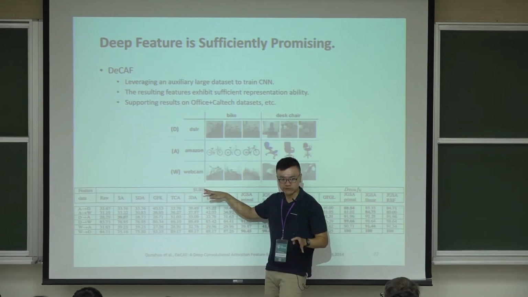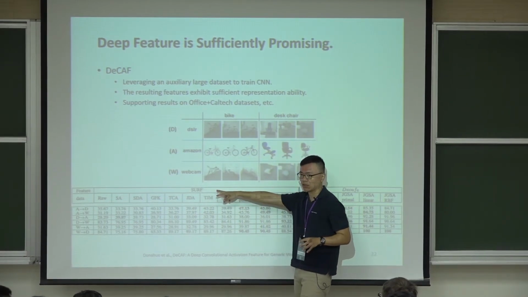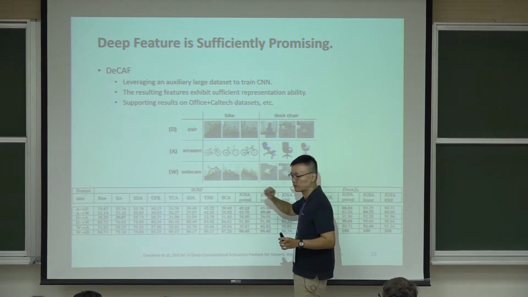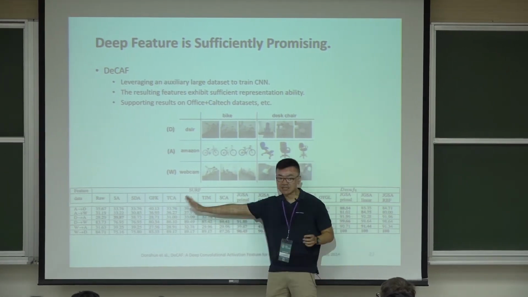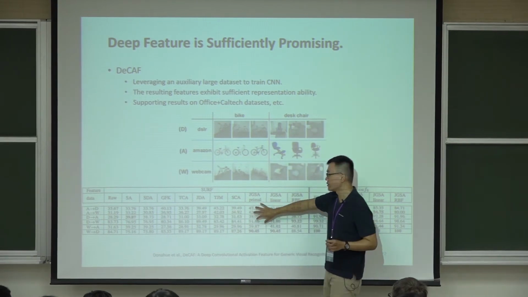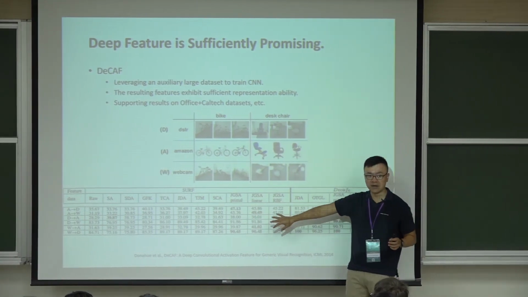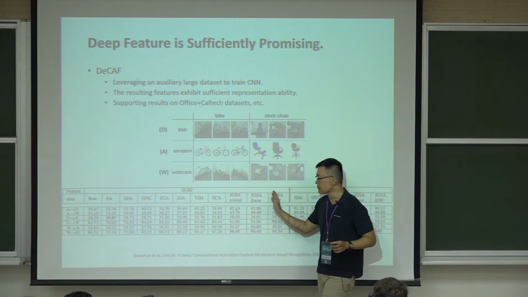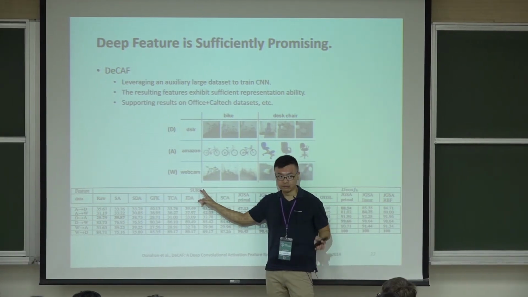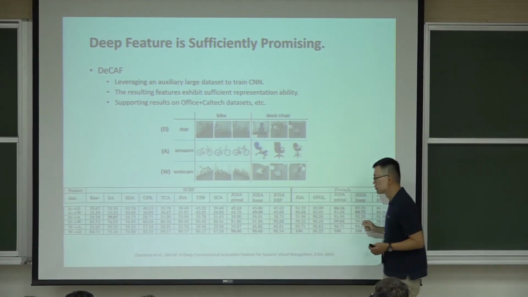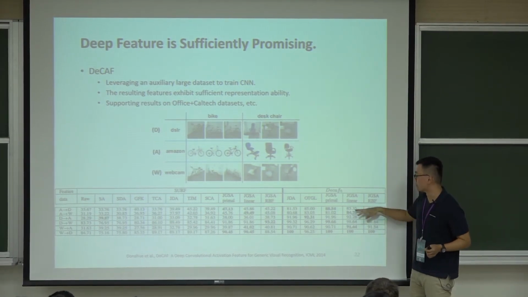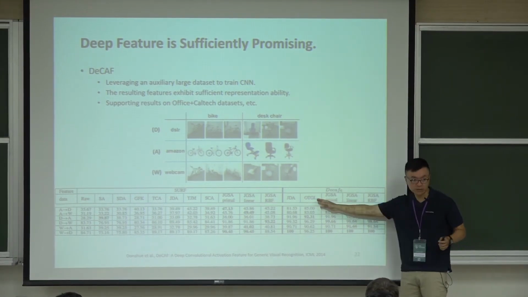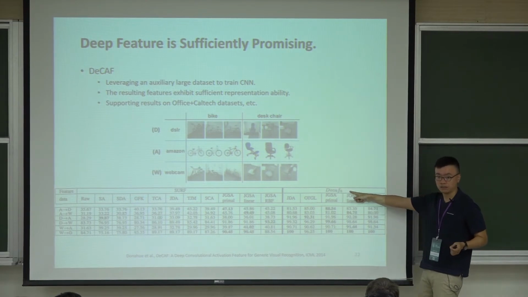It's kind of bag-of-words features if you are familiar with SIFT, SURF, those kind of image descriptors. But anyway, for the left-hand side of the table, they are the performance reported by different models using standard image features, bag-of-words features. And for the right-hand side of the table, they are the performance reported by the same models, but using deep features.